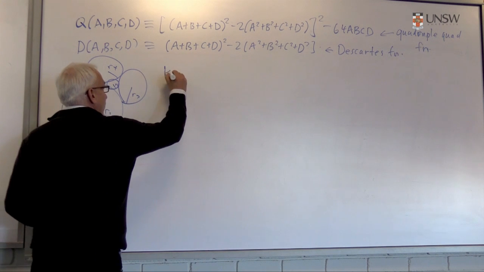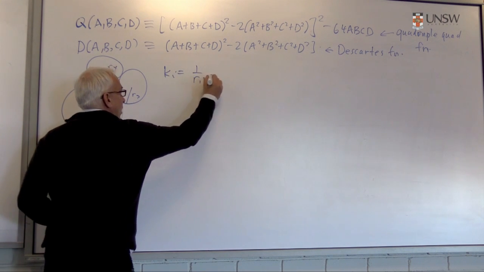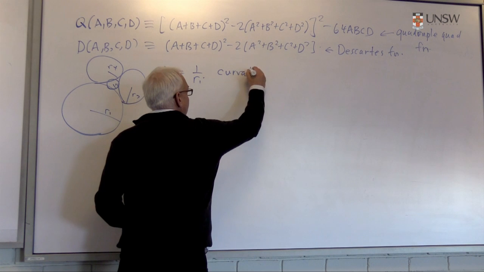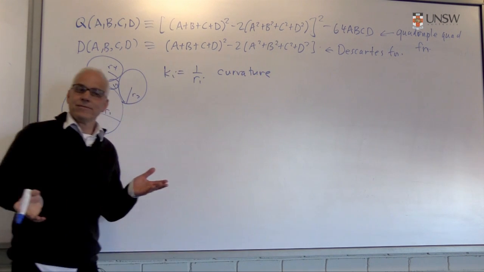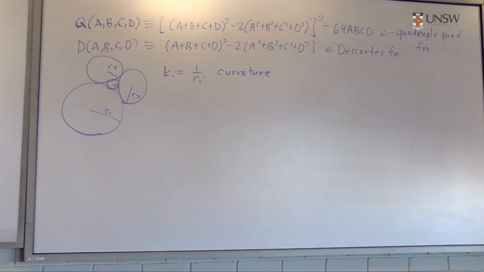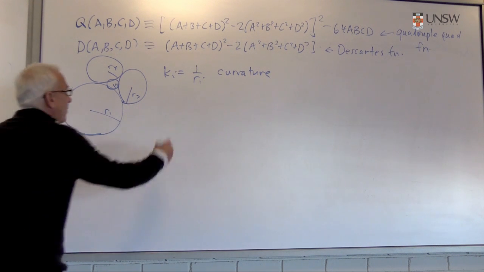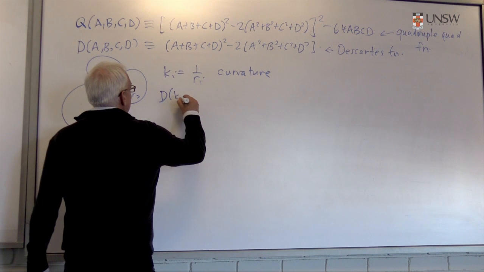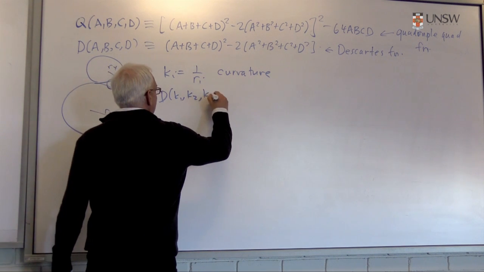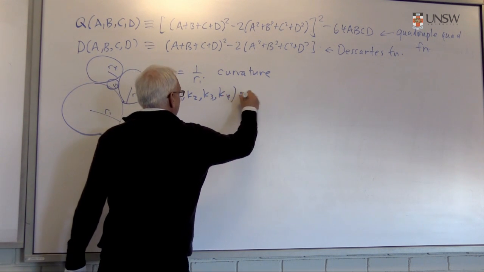If we define the curvature Ki to be 1 over Ri, the curvature of the circle in the usual sense of differential geometry, then he discovered that D of K1, K2, K3, K4 equals 0.